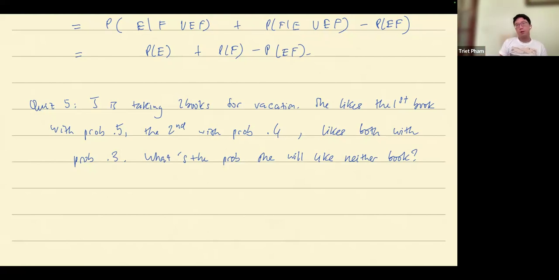So with a question like this, it's always good to go with notation. Notation is how you control a word problem, which is, I think, a favorite of Ross. So you would want to denote, let's say E is the event that she likes the first book. F is the event that she likes the second book. And then write down the information that is given in terms of the notation.